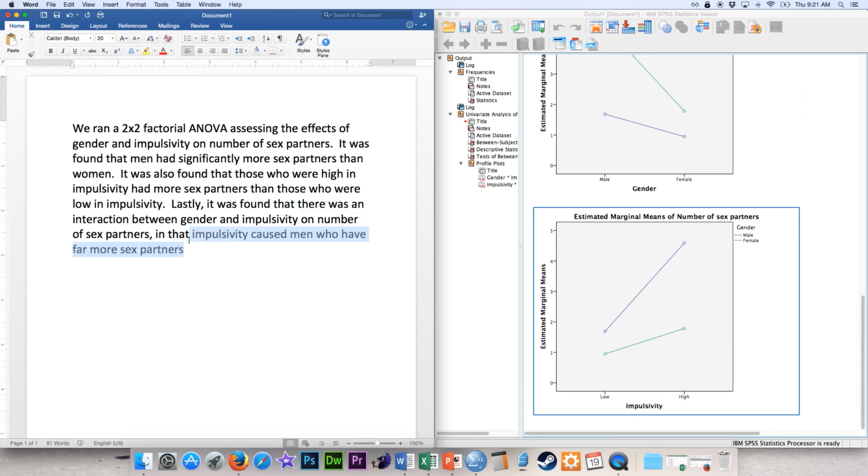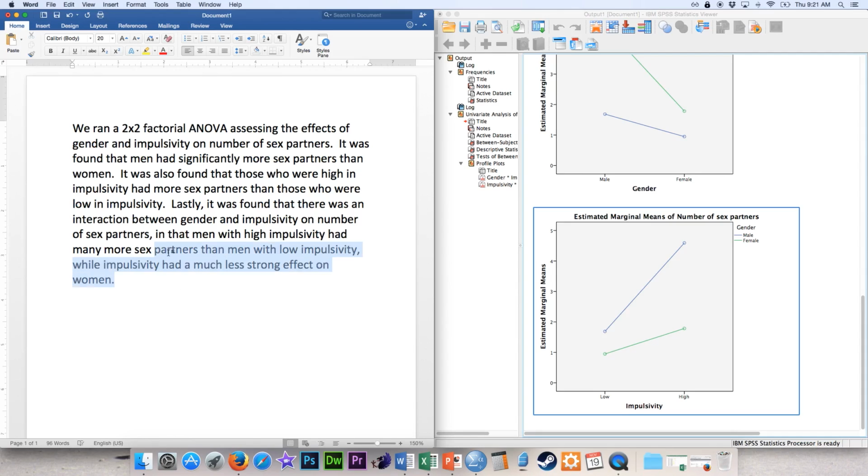Men with high impulsivity had many more sex partners than men with low impulsivity, while impulsivity had a much less strong effect on women.